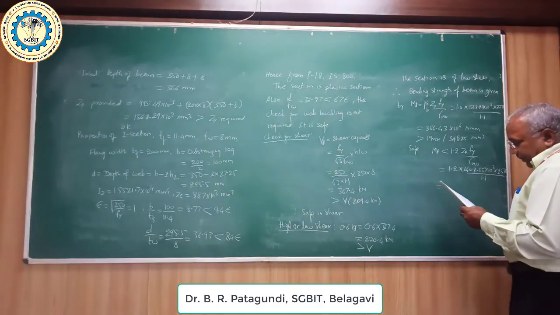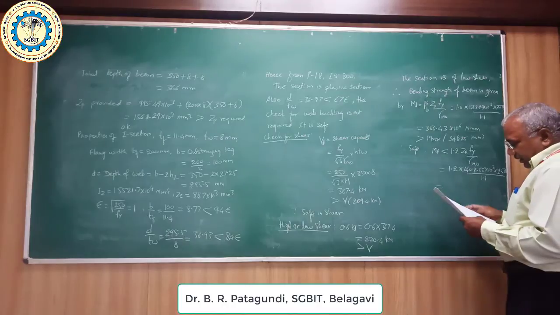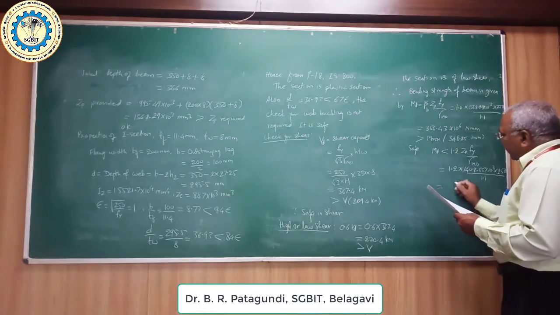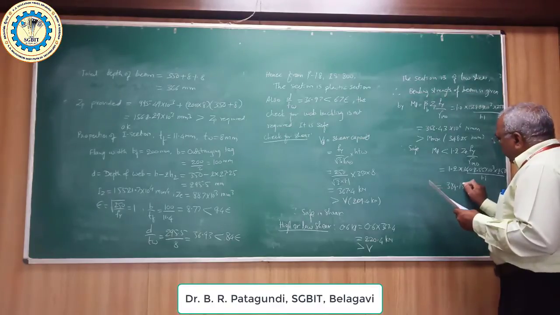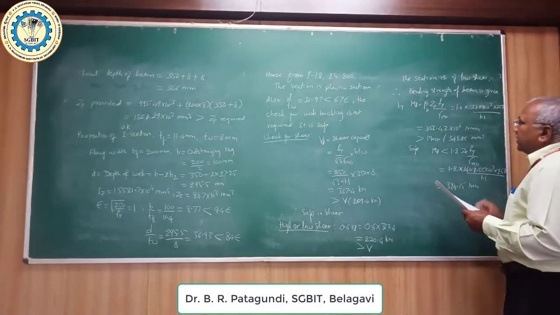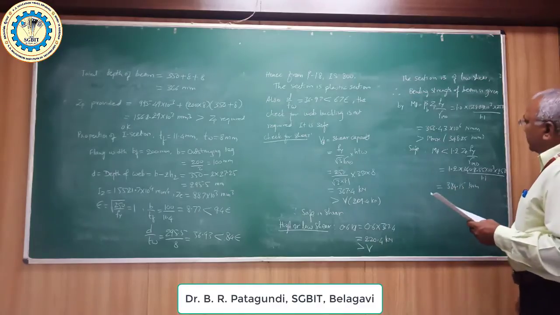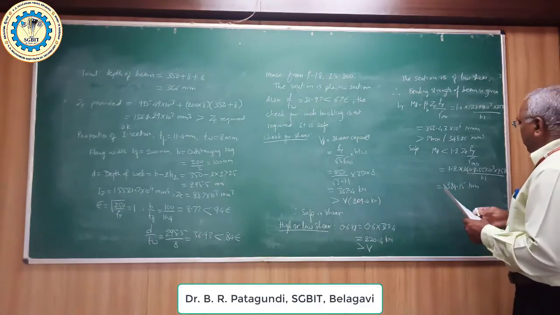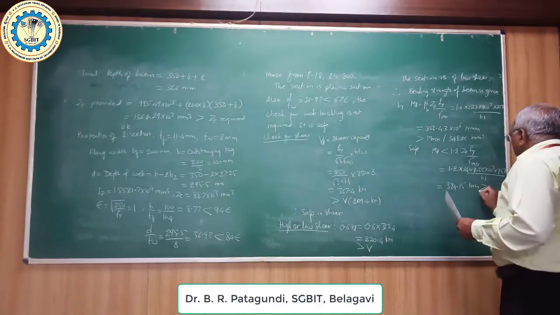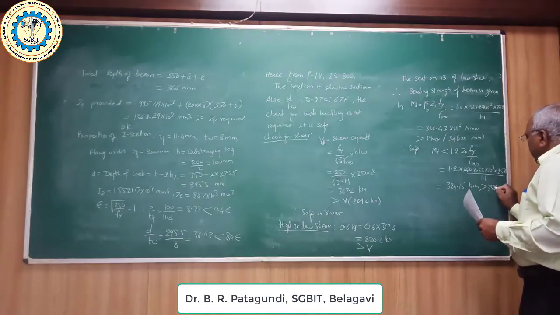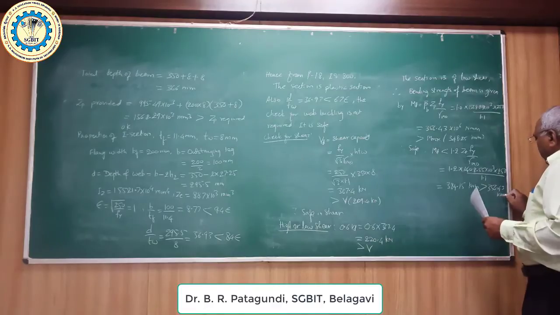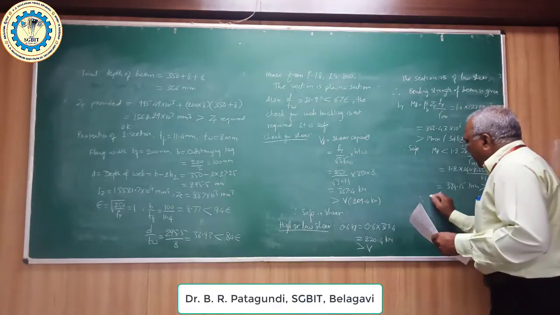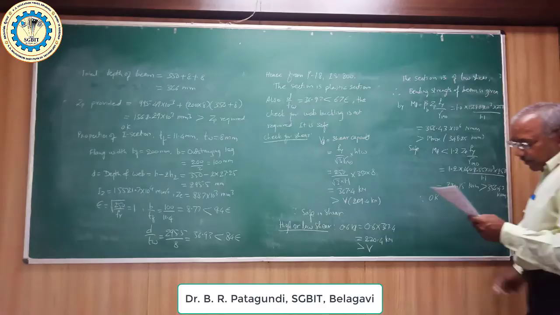So this is equal to 384.15 kilonewton meter. So this is more than 356.43 kilonewton meter. Therefore, okay. Section is safe in bending moment also.